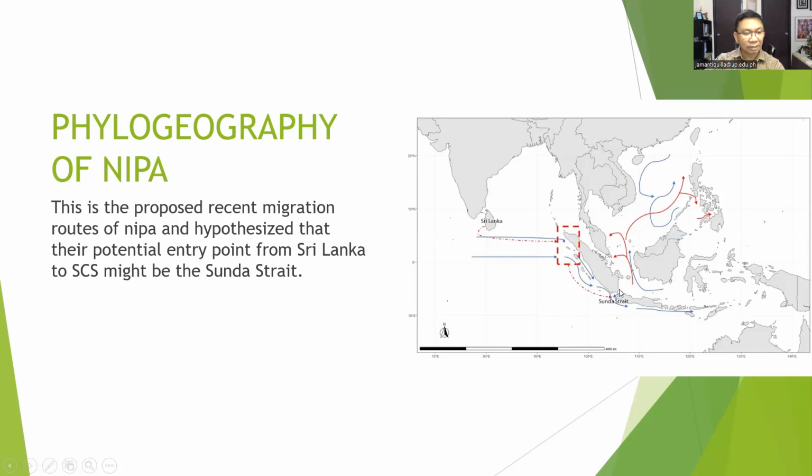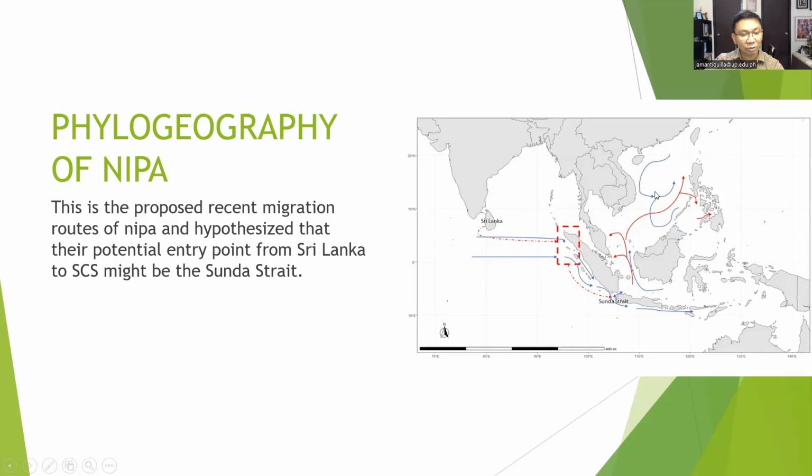Okay, so the dashed red arrow indicates the migration pattern from Sri Lanka, and this red dashed line box is the hypothetical route to the northwest Sumatran population by long distance dispersal to Southeast Asia via the Sunda Strait.